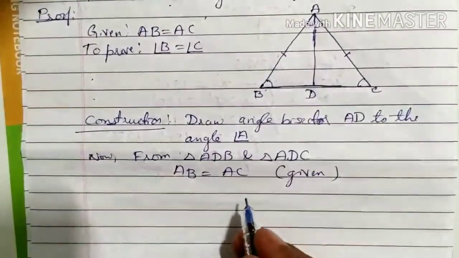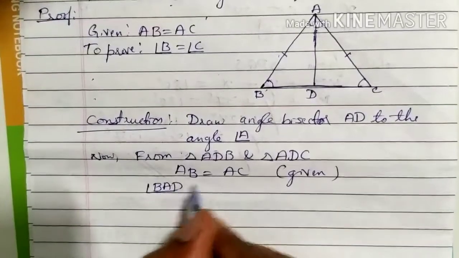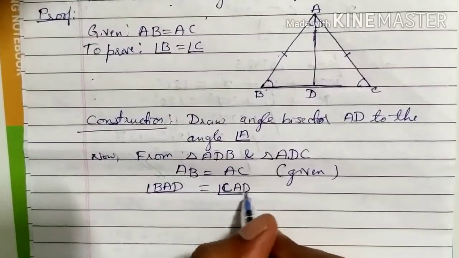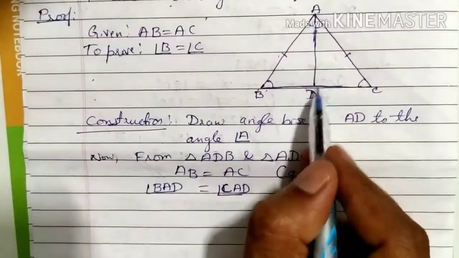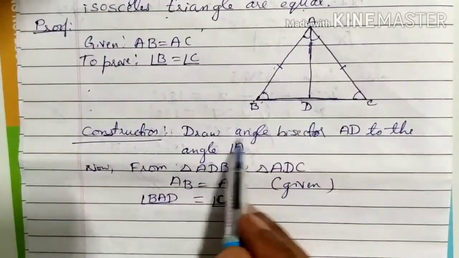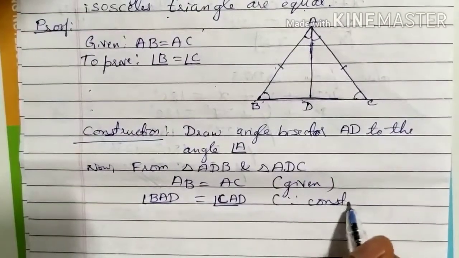Also angle BAD is equal to angle CAD, because of the angle bisector construction.